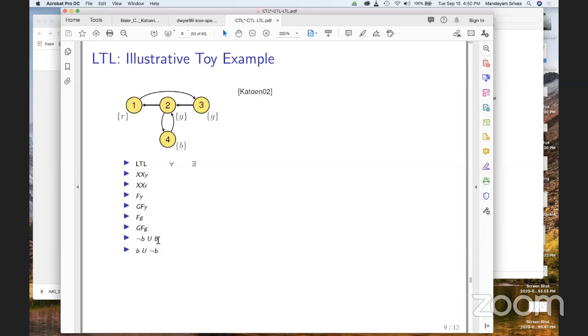Once B eventually becomes true, it doesn't matter what B is after that point. The until operator doesn't impose any constraint after the point when B becomes true. B could, for all I care, be continuously true after that, or never true, or alternate, whatever. So this is like F of B, exactly right.